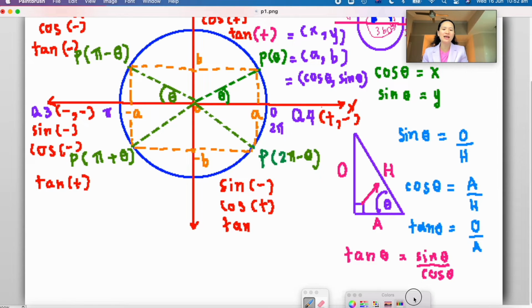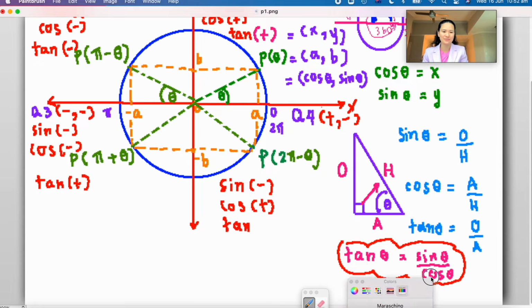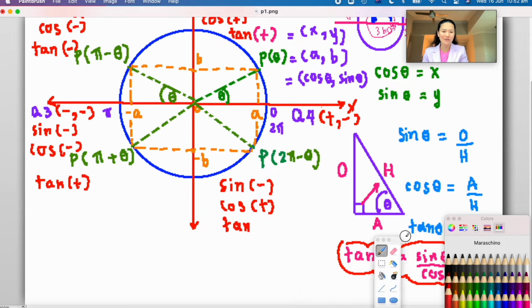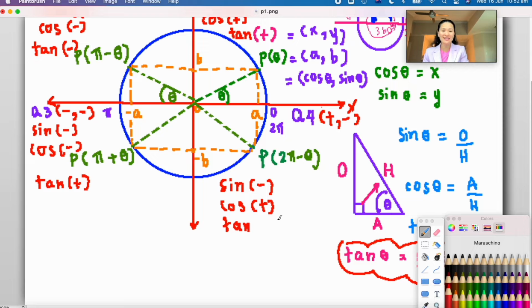Our formula, tan theta equals sine theta divided by cos theta is here. So our tan theta is negative divided by positive, of course, is negative.